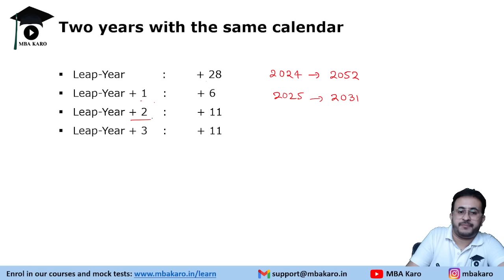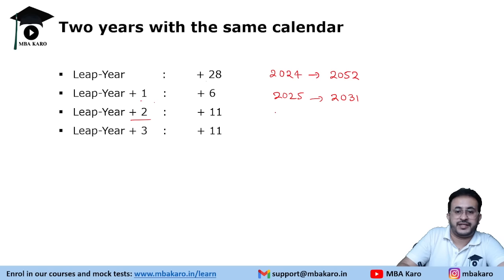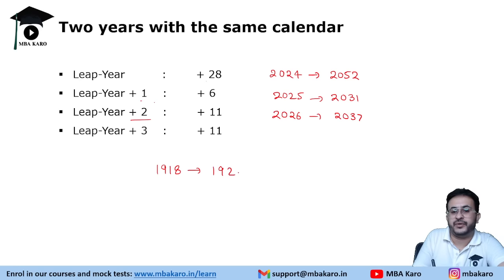If it is leap year plus 2, it repeats after 11 years. So leap year plus 2, that is 2026, will repeat in 2037. Or you can take any other year, not necessarily 2026. You can take, let us say, 1918. That would have repeated in 1929. Leap year plus 3 also plus 11.